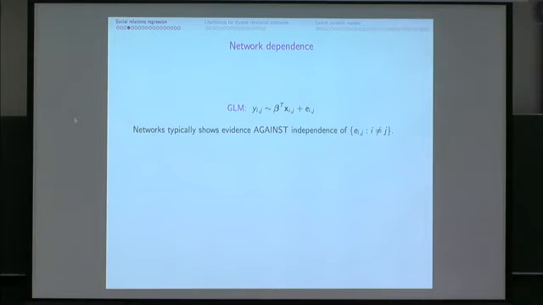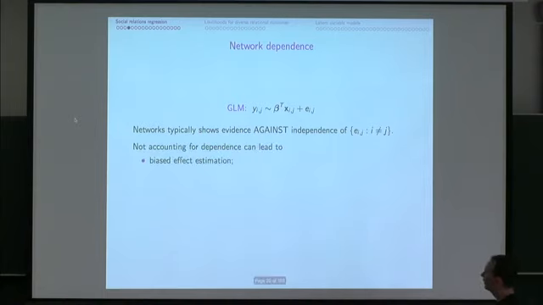Now, what makes network data different from other types of data is that almost every network I've ever seen shows evidence against the independence of the randomness. The epsilon ijs are almost always not IID deviations in any way. And we know that if we don't account for dependence, all sorts of terrible things can happen.